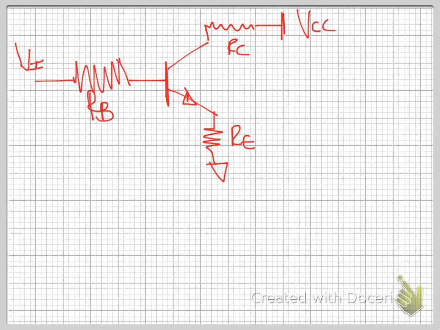One of the most important things that is not clearly stated all the time is that there's a voltage drop from here to here of 0.7 volts. Why 0.7 volts? It doesn't really matter at this moment. Just know that there's a voltage drop.